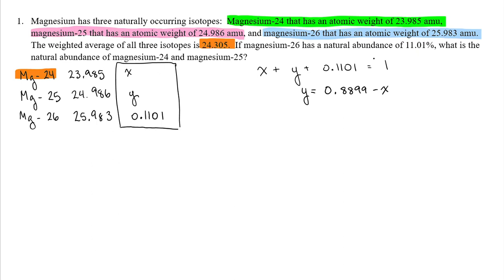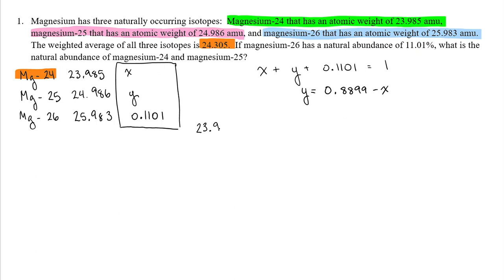So that's the first tricky part of this. When there are 3 naturally occurring isotopes, it's not just X plus Y equals 1. It's X plus Y plus something equals 1. The next part that's tricky is writing the next equation, the equation for the weighted average.